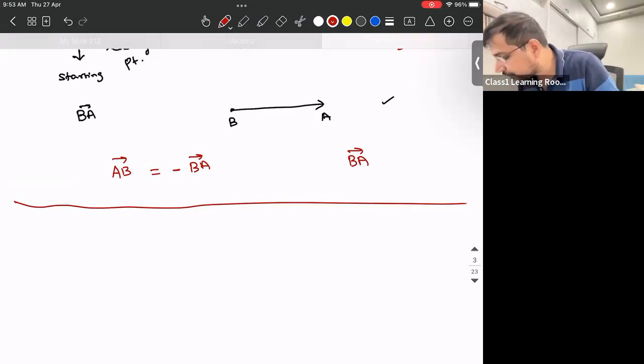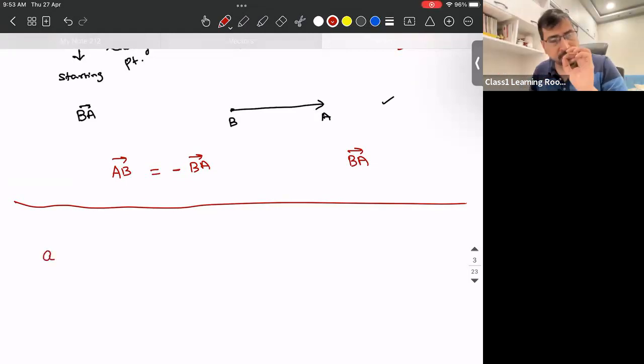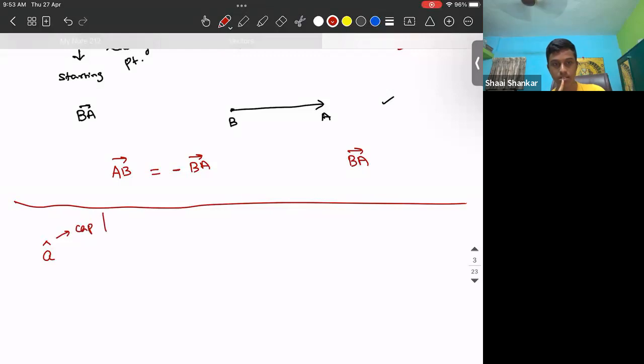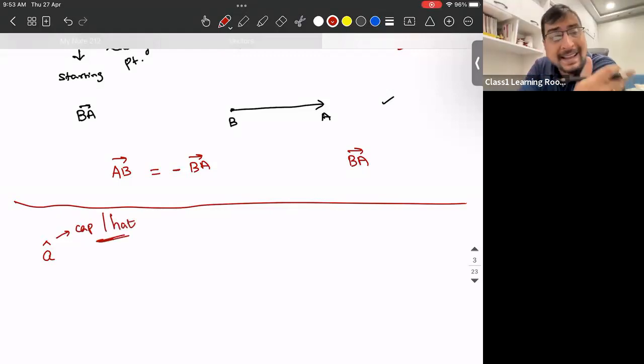How is a unit vector represented? You give a name to that vector and put a cap on top of it. You either call it cap or hat.